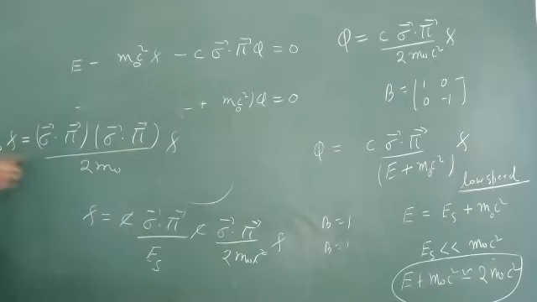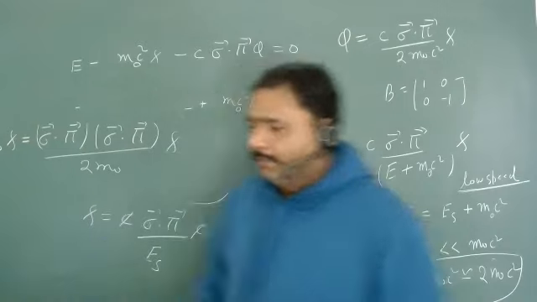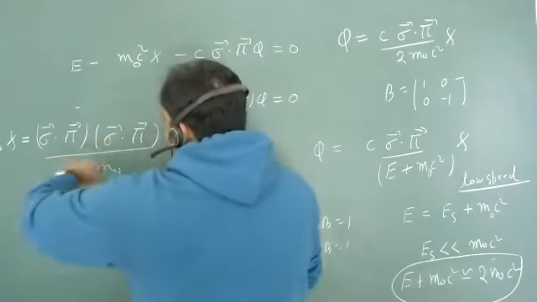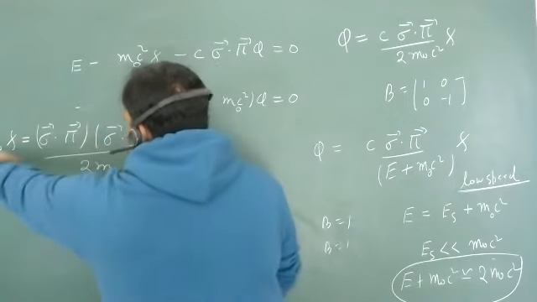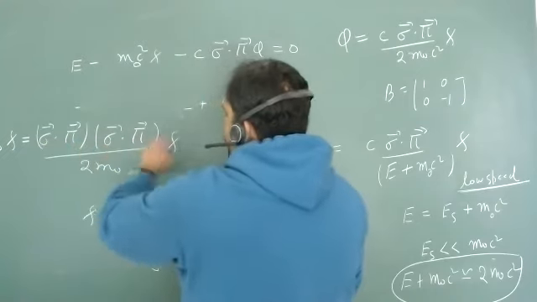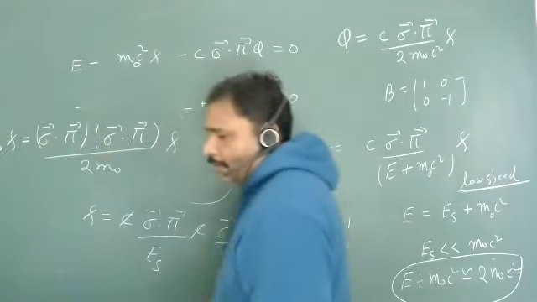So this is just like an eigenvalue eigenvector equation, isn't it? This operator has some value which is equivalent to Es. And Es chi is equal to sigma dot pi chi upon 2m.